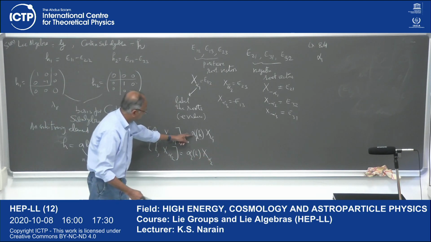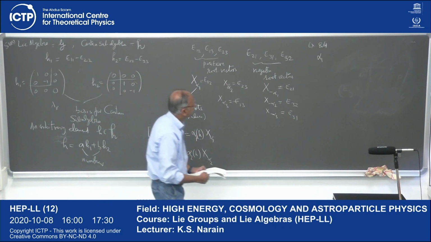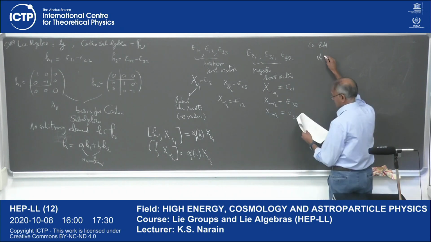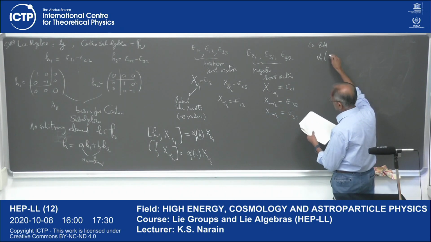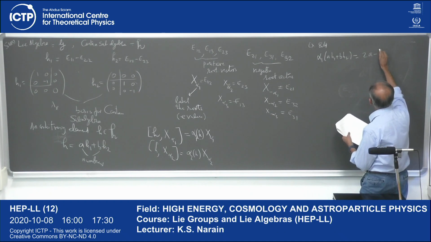So this quantity has the information about the eigenvalues. The thing to prove in exercise 8.4 is that alpha 1 of A H1 plus B H2 is 2A minus B.